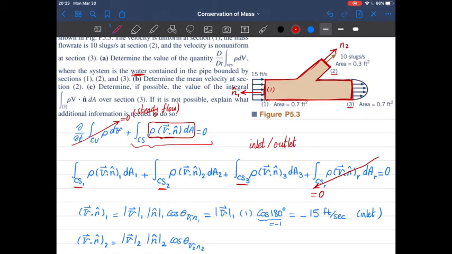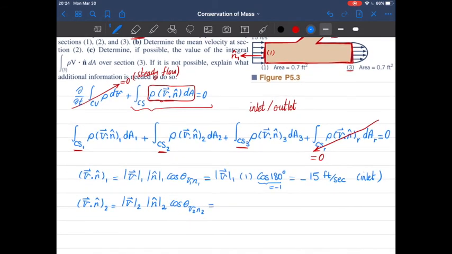So for the outlet, the velocity is in the same direction as the normal to the surface, so the angle between these two vectors is equal to 0. So here we will have the magnitude of the velocity at surface number 2 times 1 times cosine of 0 degrees, where cosine of 0 degrees is equal to positive 1.